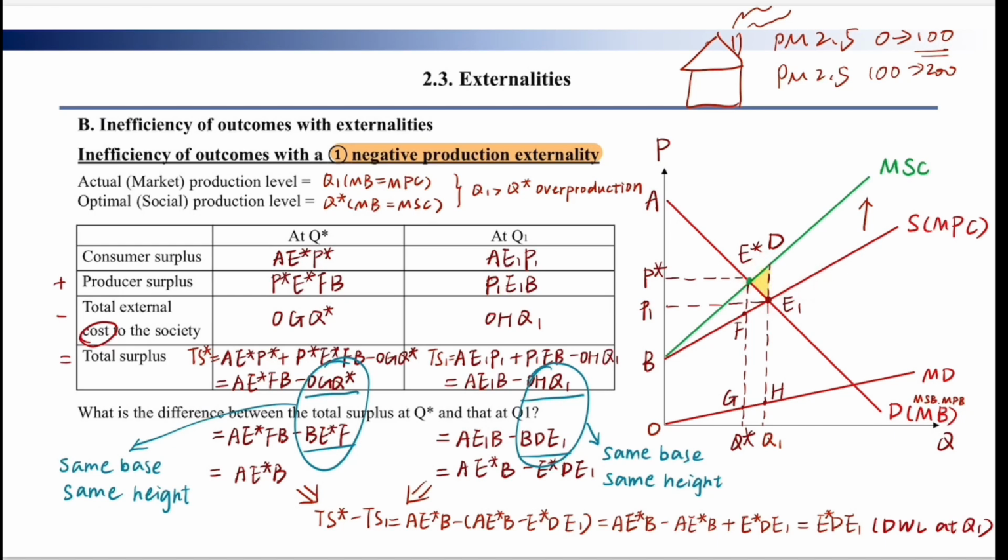Then I need to calculate how much my supply curve needs to rise. If my supply curve rises to here, where it intersects at E star, then my deadweight loss is equal to 0. It's the best situation. So as the government, I need to draw this whole graph to determine my tax amount. At this time, the information requirement is very high.